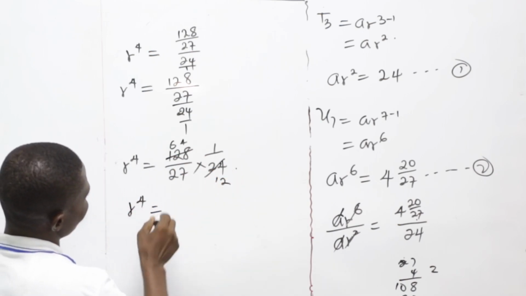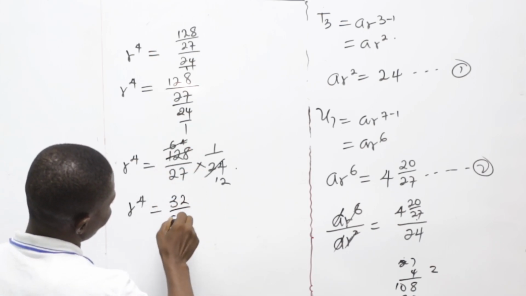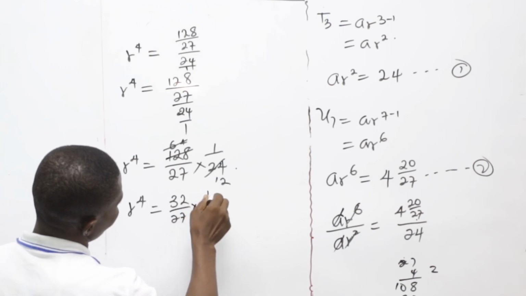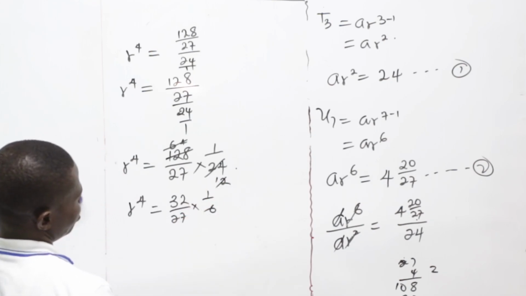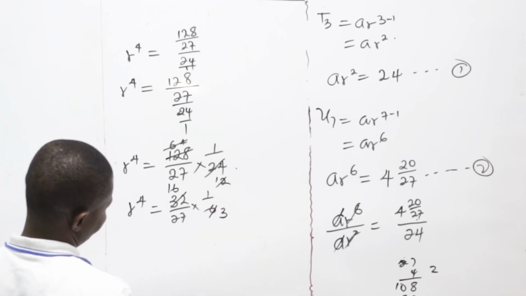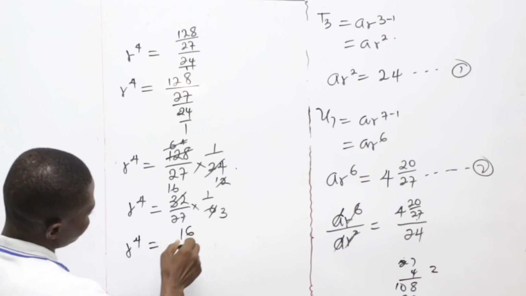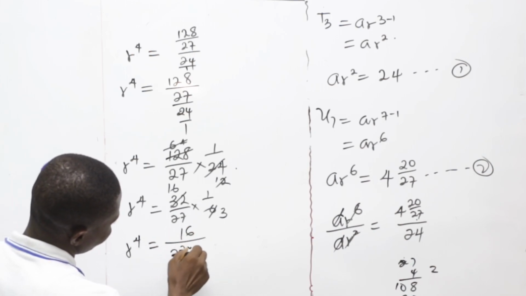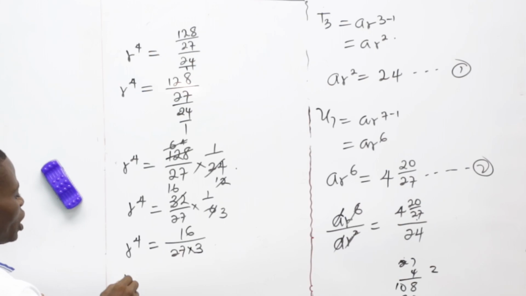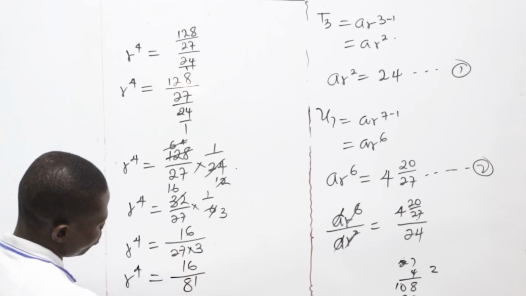R power 4 equals 2 here again, 32 all over 27 times 1 all over 2 here again, 6. 2 here, 16. 2 here, 3. So that R power 4 equals 16 all over 27 times 3. R power 4 equals 16 all over 81.